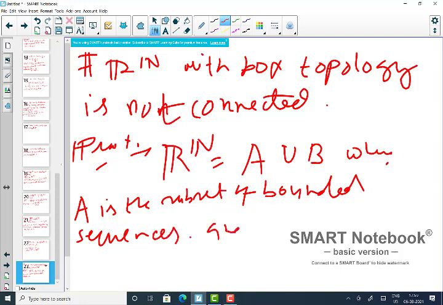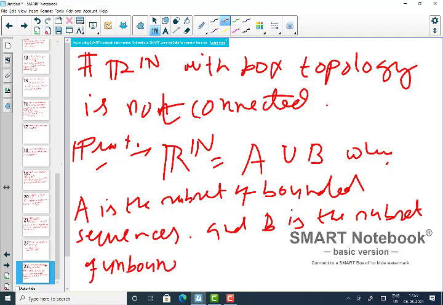And B is the subset of unbounded sequences. Okay, now you show that these two are actually disjoint, then you are done.